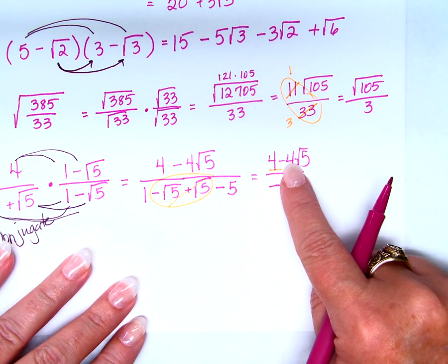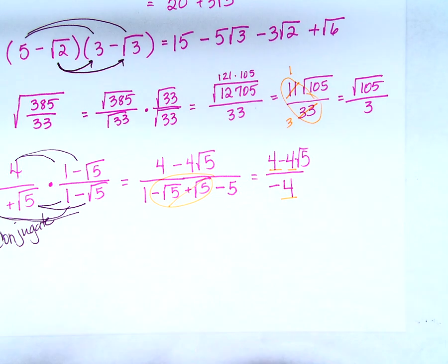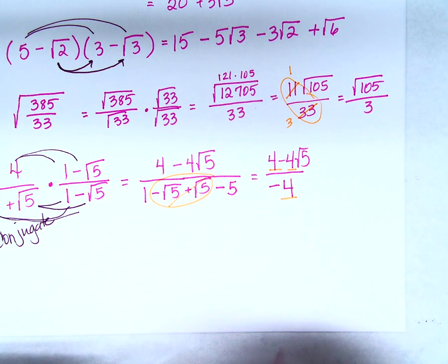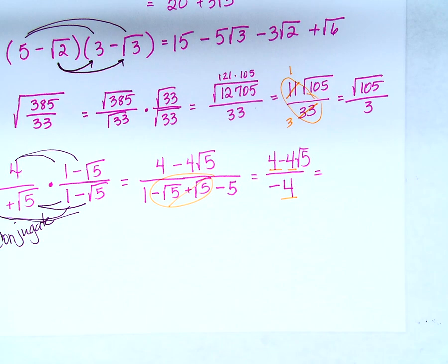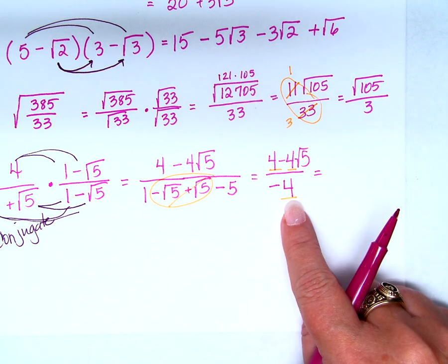But what can I do with all 3 of these numbers? Take out a common factor, right? What common factor do I want to take out? 4. Okay. Now, do I want to take out a 4 or do I want to take out a negative 4? Because if I take out a 4, what will I be left with in the denominator? A negative 1. Do we really want a negative 1 in the denominator?